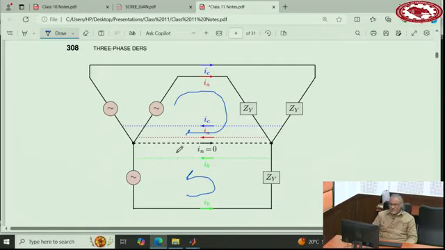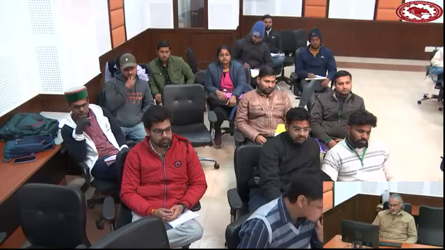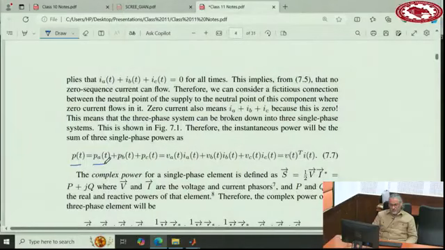Right. So what it means is that you can break this three-phase system down into three single-phase systems as far as power transfer is concerned. And then you can say the instantaneous power is the instantaneous power of the first circuit plus the second circuit plus the third circuit.